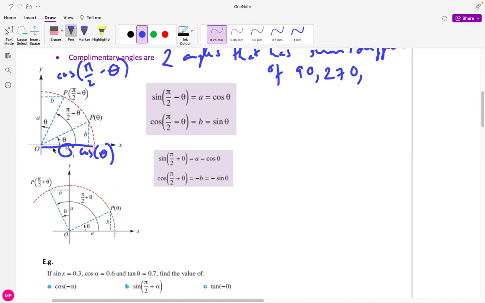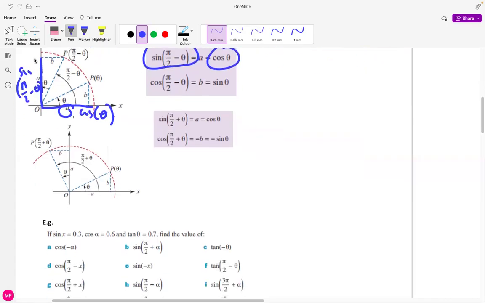Now this horizontal here is the same as this vertical distance, the vertical distance of that angle. So this will be sine of that angle, sine of pi over 2 minus theta. So they're both the same. Therefore, we have that sine of pi over 2 minus theta equals cos of theta.